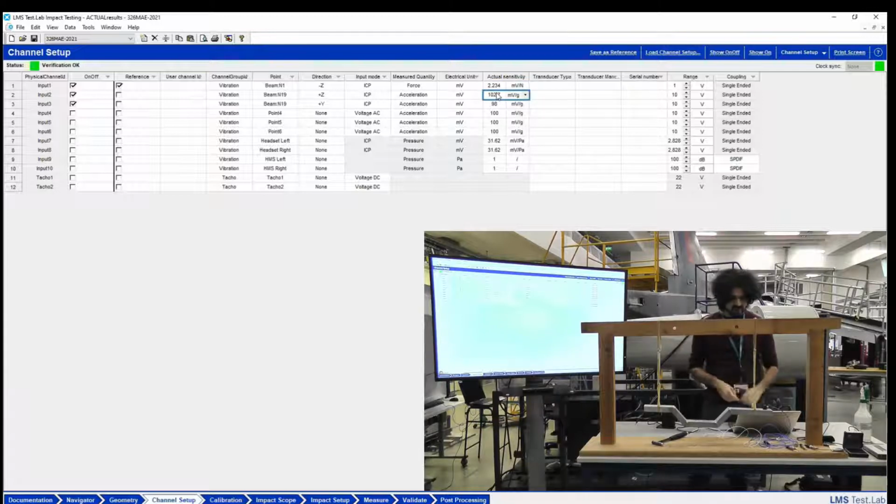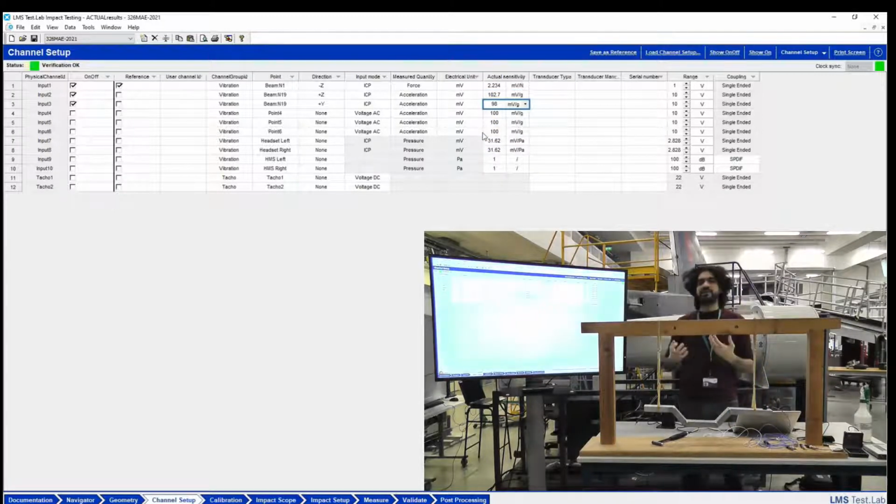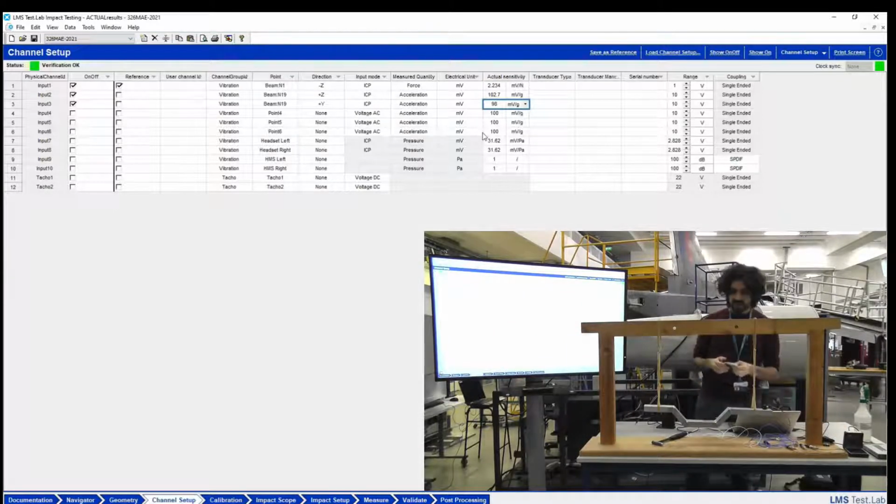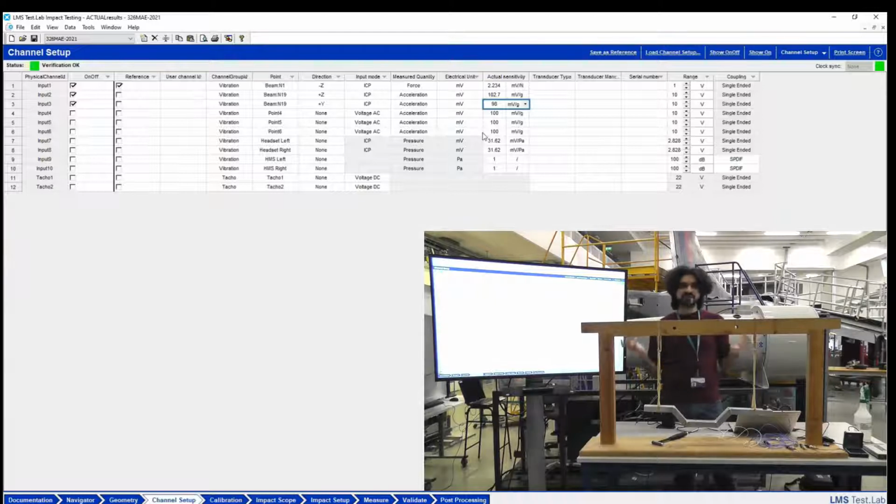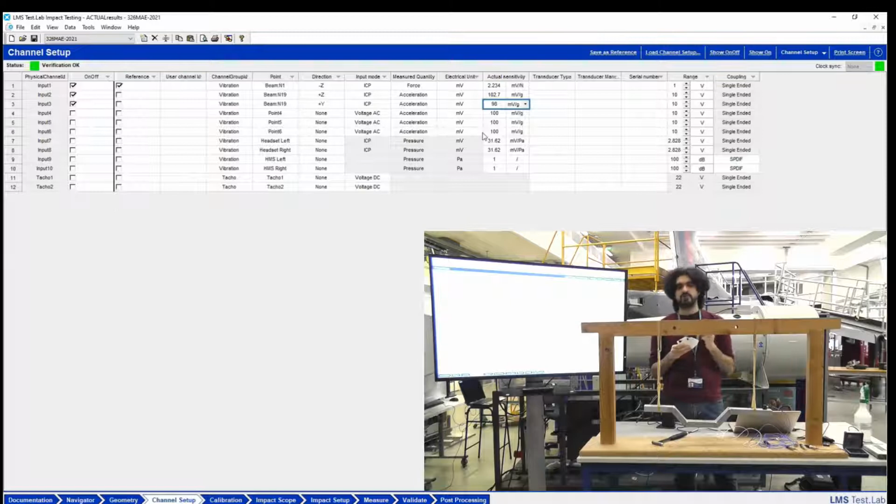The z-axis of the accelerometer is 102.7 millivolts per G, and the y-axis of the accelerometer is 98 millivolts per G. These instruments are sold with a nominal sensitivity of 100 millivolts per G. What you buy on the website is a 100 millivolts per G accelerometer, but of course you will never get exactly 100 millivolts per G. Every accelerometer and every channel of the accelerometer has got its own sensitivity, so make sure you understand what you're doing and what you're buying as well.